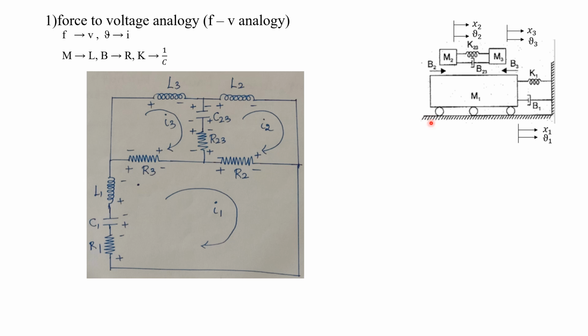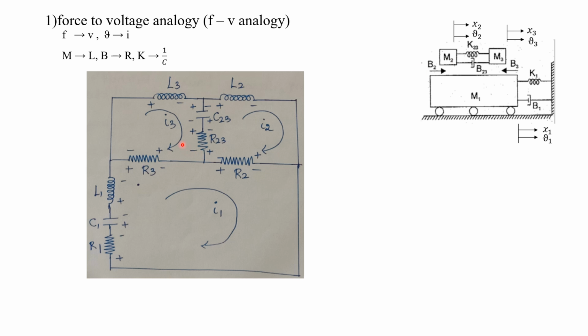While drawing this diagram from this question, we have to assume that there should be a common branch between M1 and M3, and a common branch between M1 and M2.